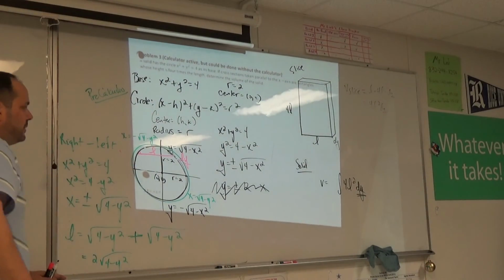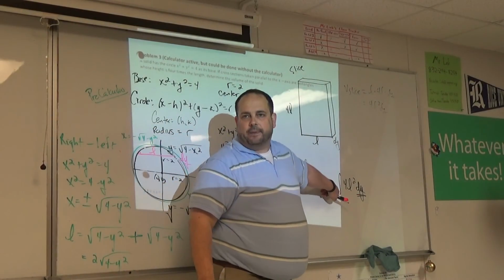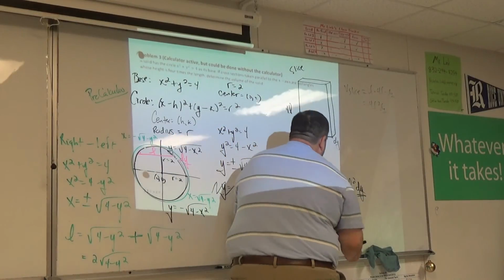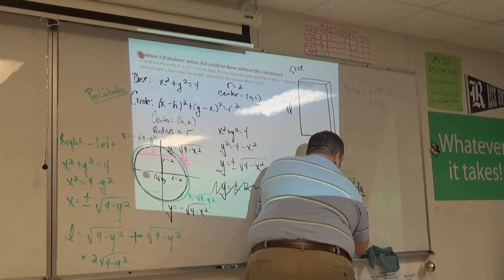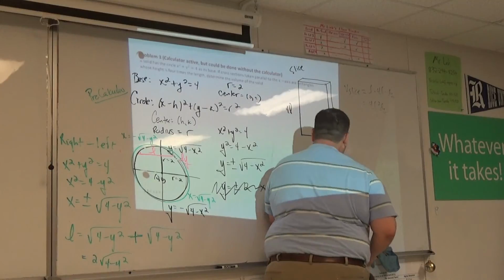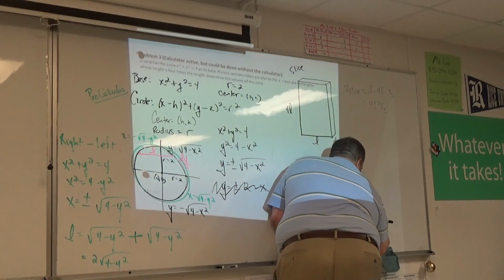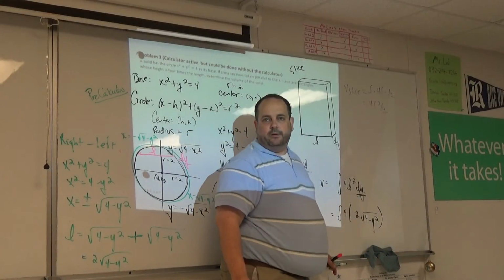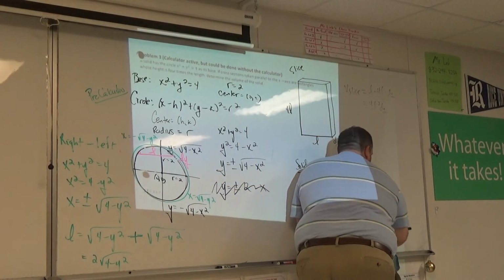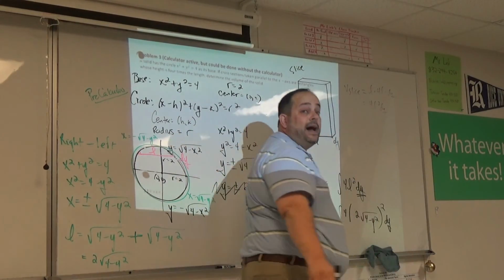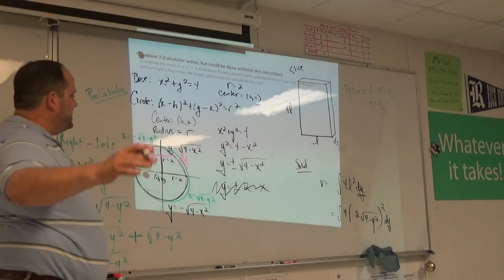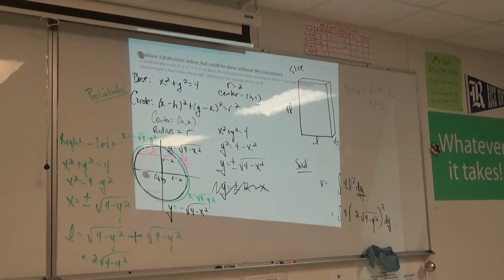Stay with me just for 1 second. All we need to do is wrap it up. Your volume is going to be an integral of 4 times what's L? It's 2 square root of 4 minus y squared, squared, dy. Last thing I need to really wrap this question up: limits of integration.